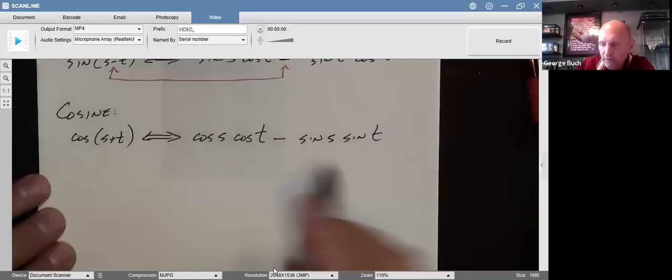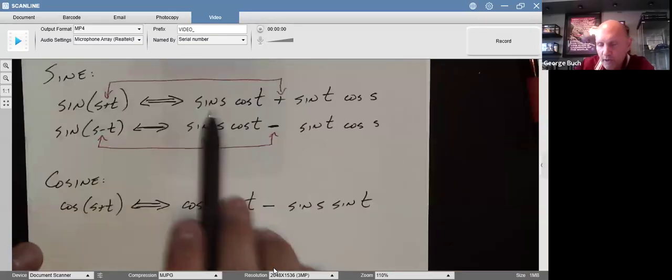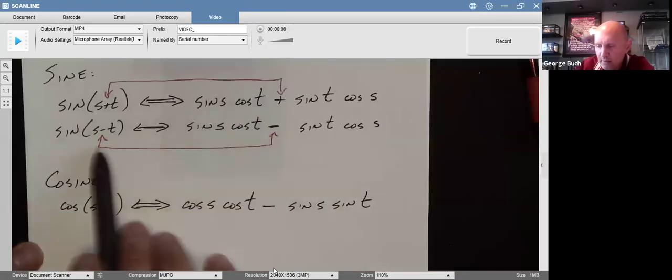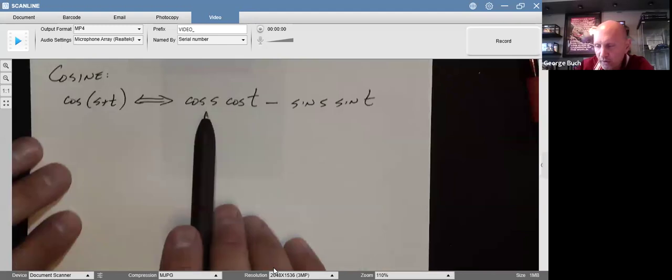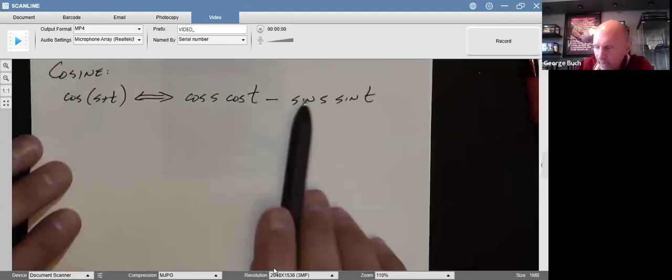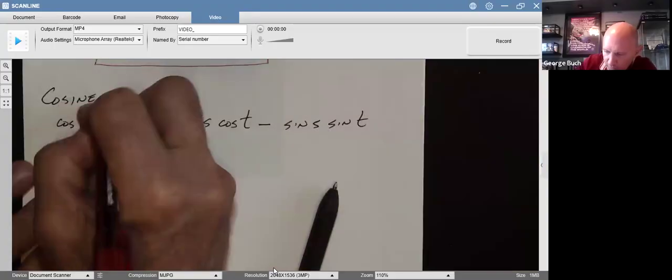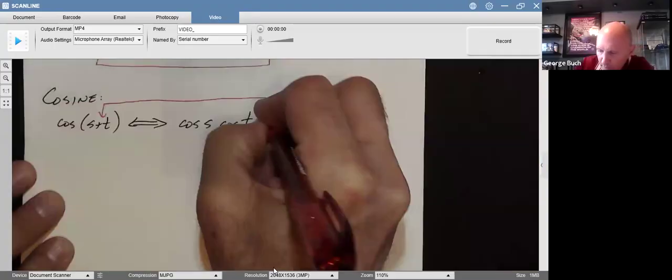So now, instead of sine, cosine with the signs matching, now it's going to be cosine, cosine, sine, sine. And as we can see, this is plus in our formula, it's minus when we break them apart.